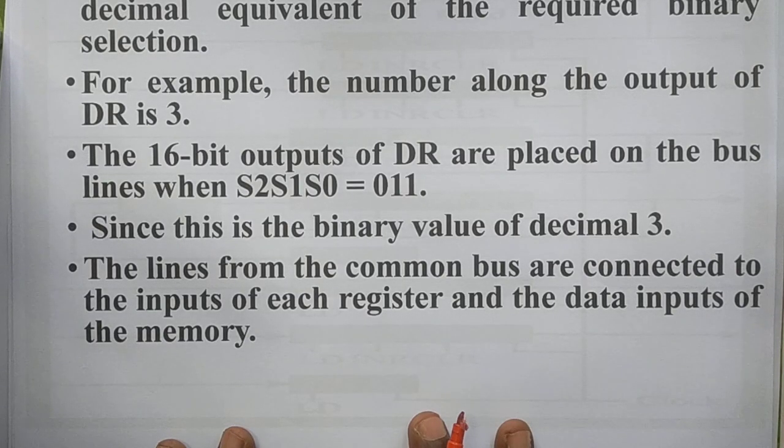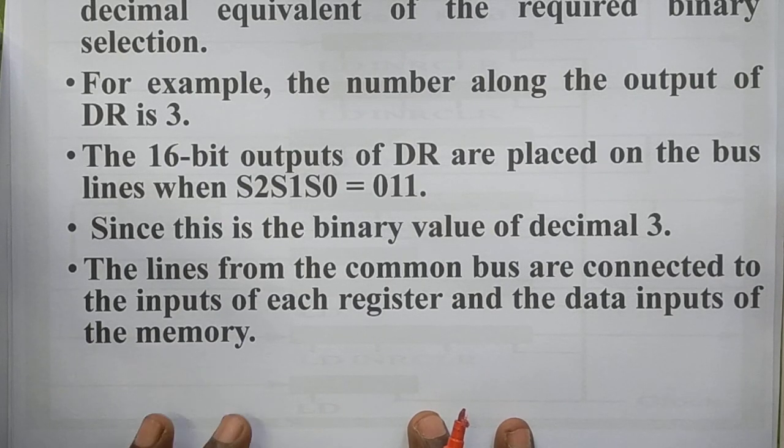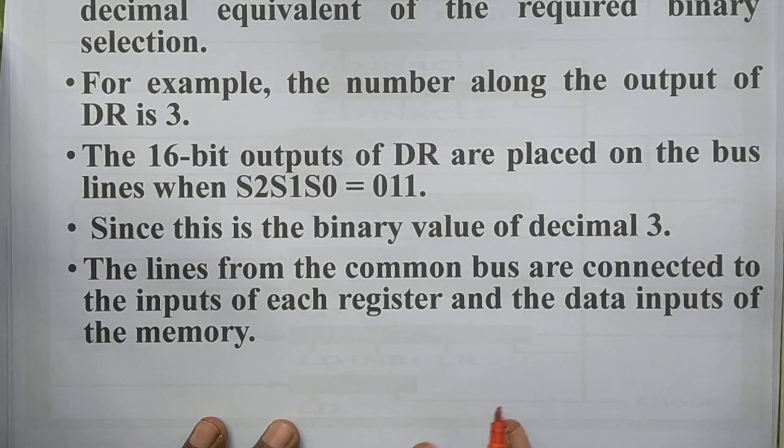I will explain how the binary number converts to a decimal number, and how the corresponding components activate and receive or send data through the common bus. The number along each output shows the decimal equivalent of the required binary selection.